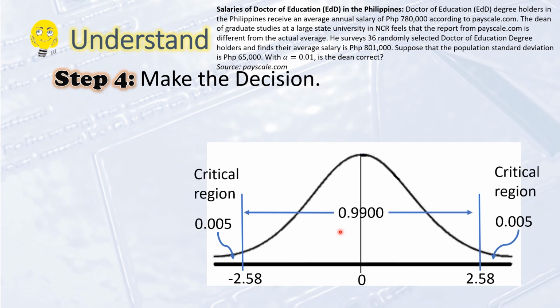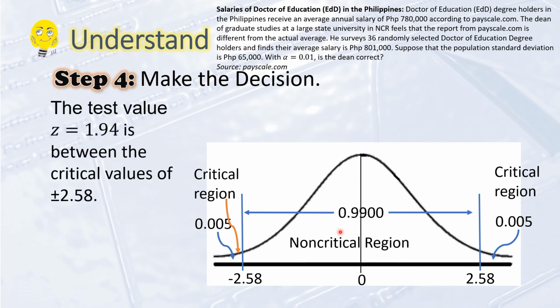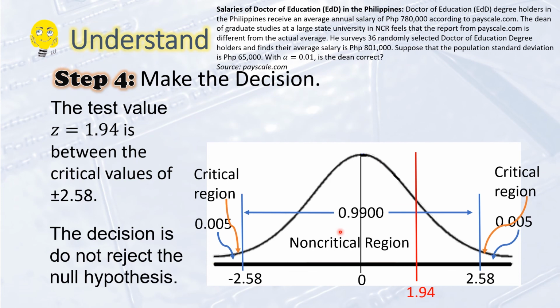The critical region is that area to the left, 0.005, and to the right of the mean, that is 0.005 also. The test value is 1.94, that is between the two critical values of positive or negative 2.58. Hence, it falls in the non-critical region, therefore the decision, do not reject the null hypothesis.